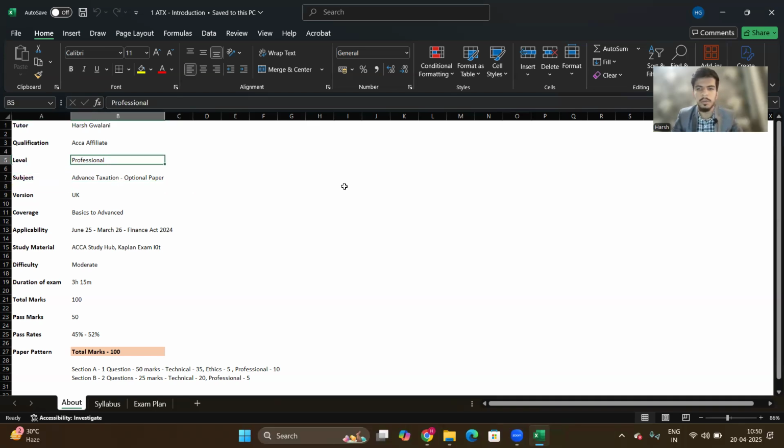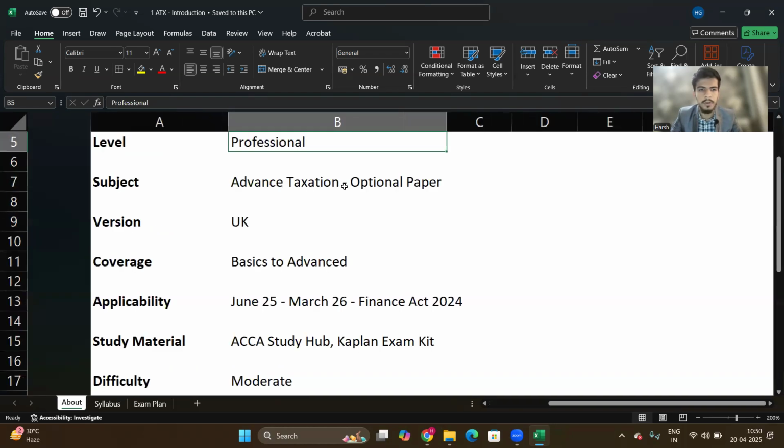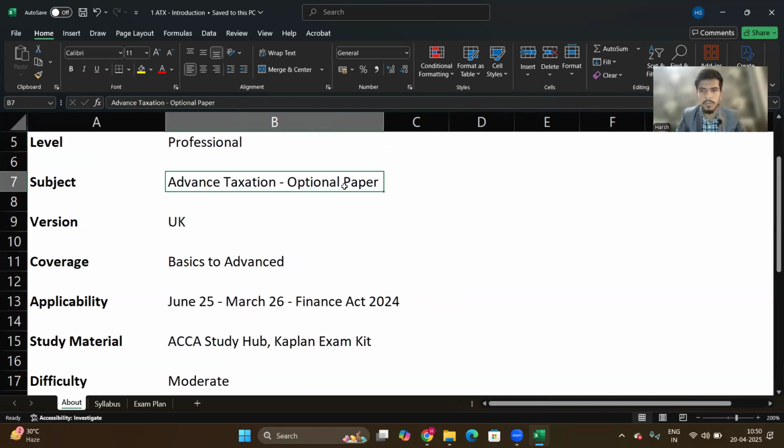This paper comes from your professional exam level. The subject is Advanced Taxation, and as you know, it is one of the optional papers. You may not have started your syllabus yet, so firstly I would say at least decide what you want to do ahead in your future.